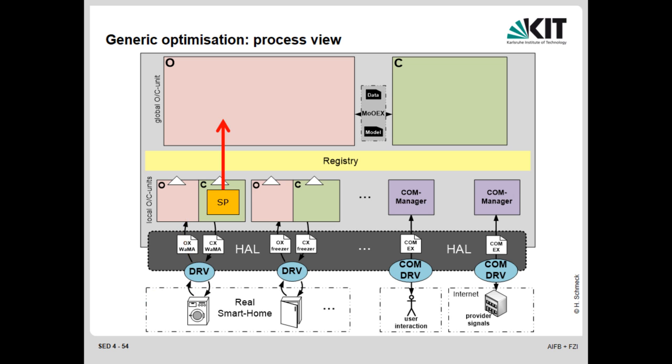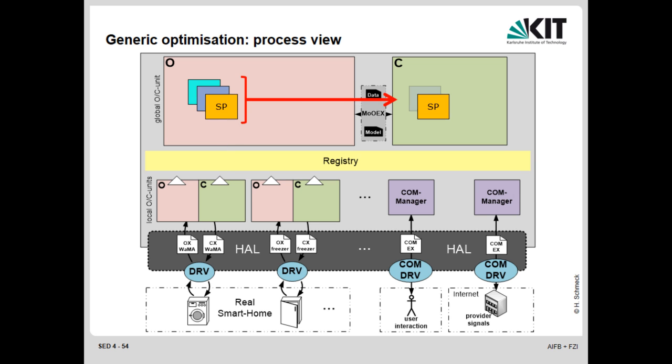And the same may happen at other places. The sub-problem is sent to the observer. Then we may get more of those sub-problems, and they are sent to the controller with the task to find optimal ways of operating those devices.